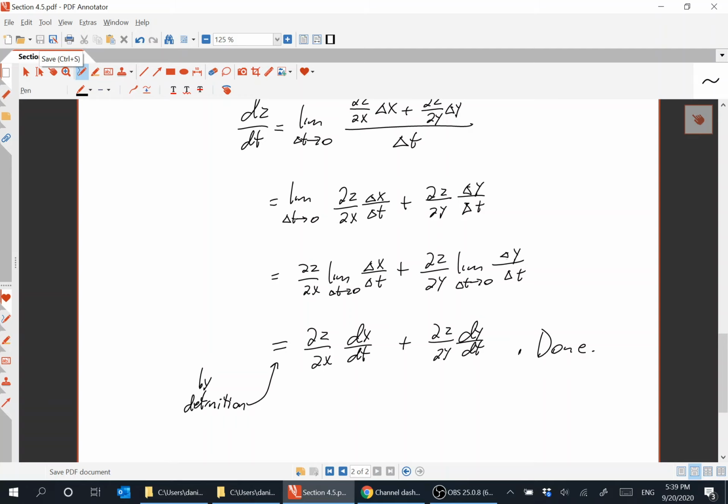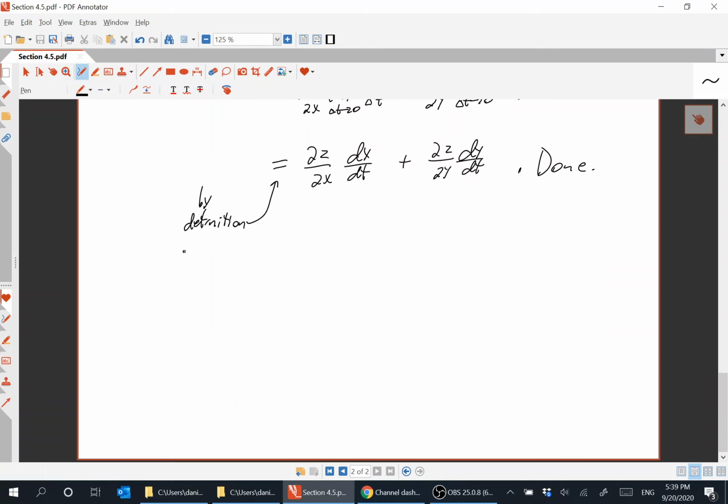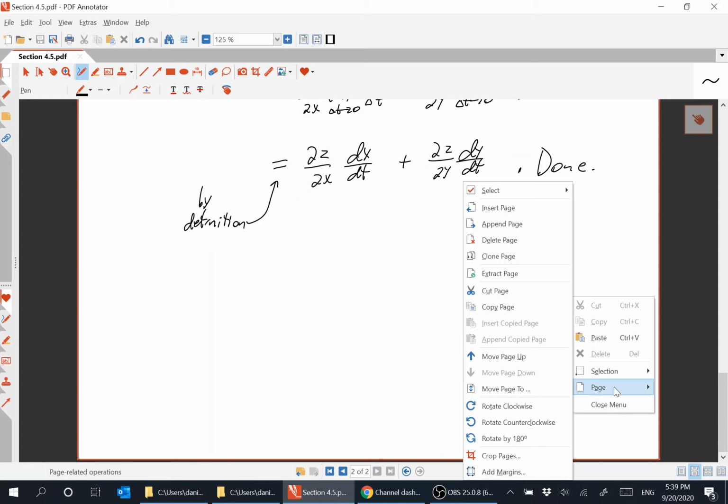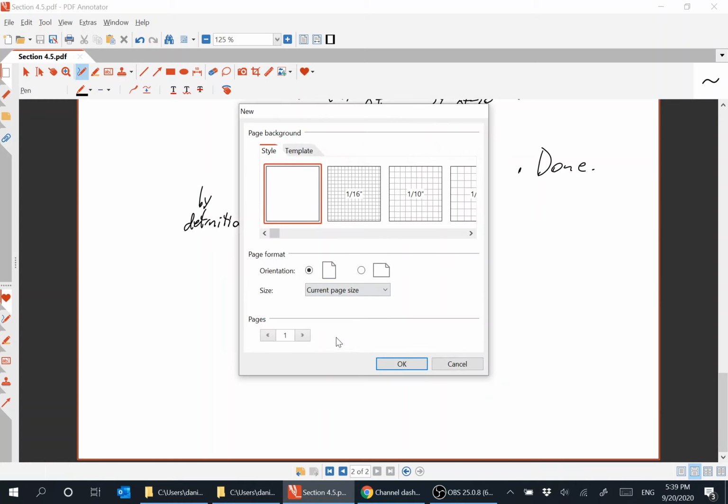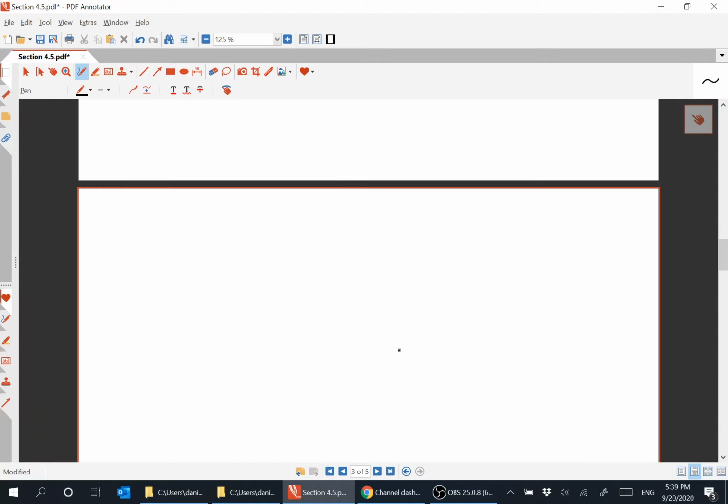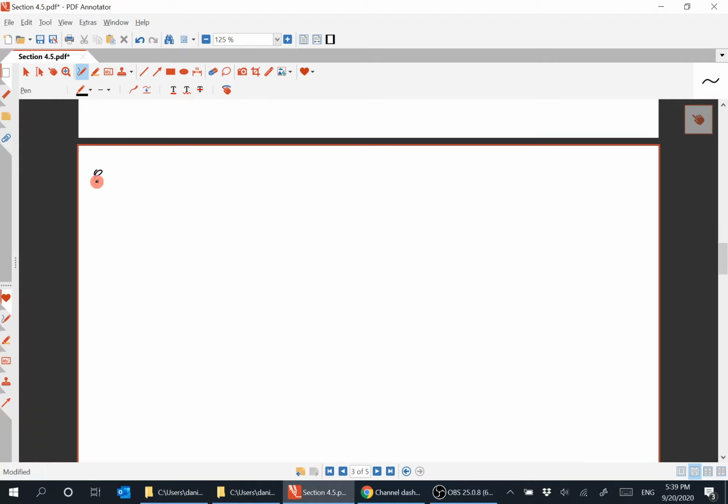And that's what we were looking for. So let's take an example. Let's say z is equal to, just something simple, x squared y to the third, and x is equal to the square root of t, and y is equal to t squared.